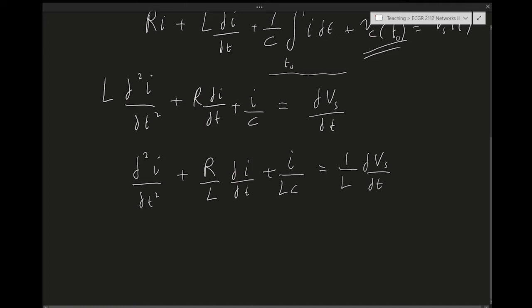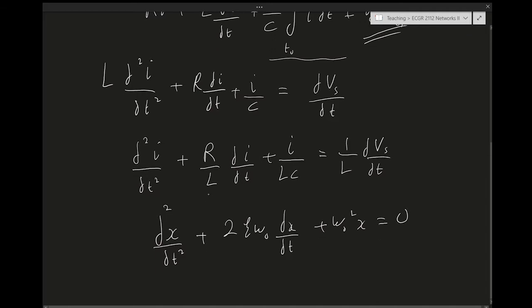But let's find out, for this example, what the damping factor would be and what the undamped natural frequency would be. Let's compare it to the general differential equation: d squared x over dt squared plus 2 zeta omega naught dx by dt plus omega naught squared x equals 0.